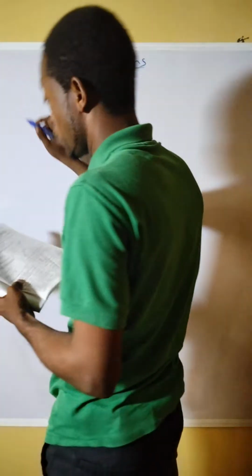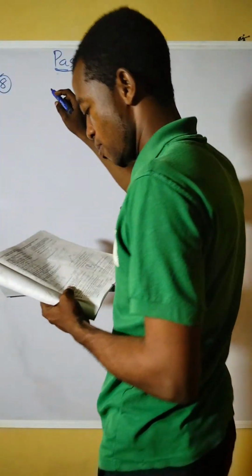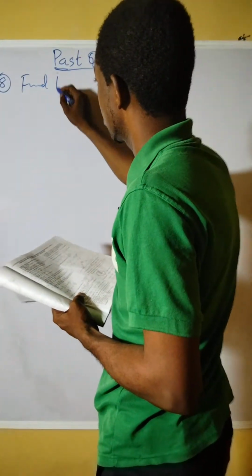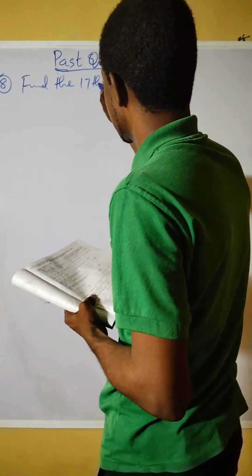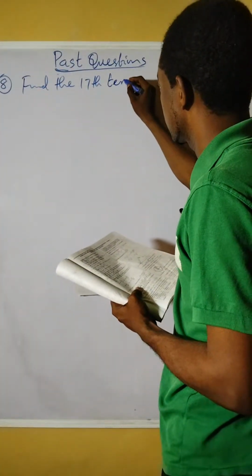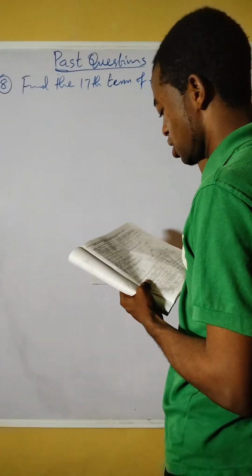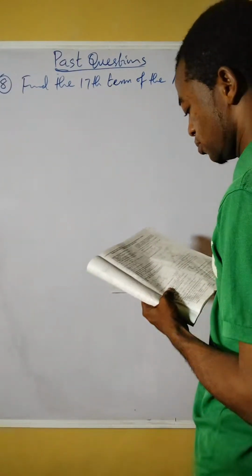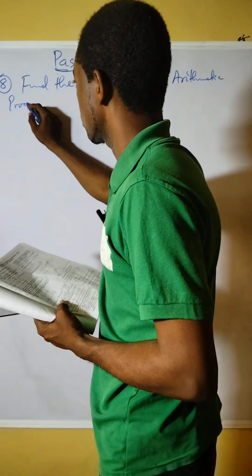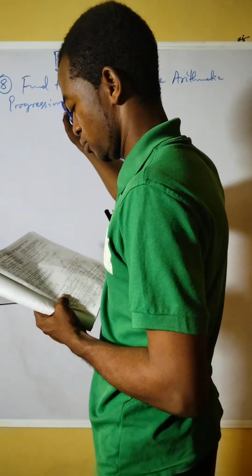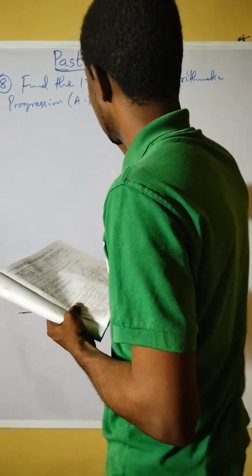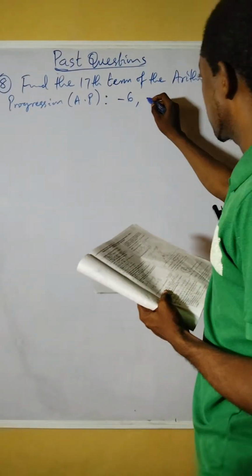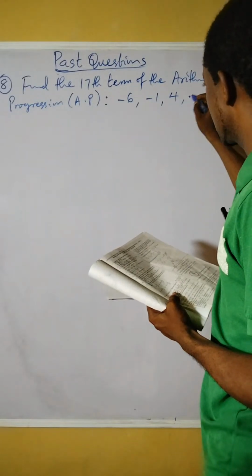In this question, we have: find the 17th term of the arithmetic progression, AP, given as -6, -1, 4, and so on.